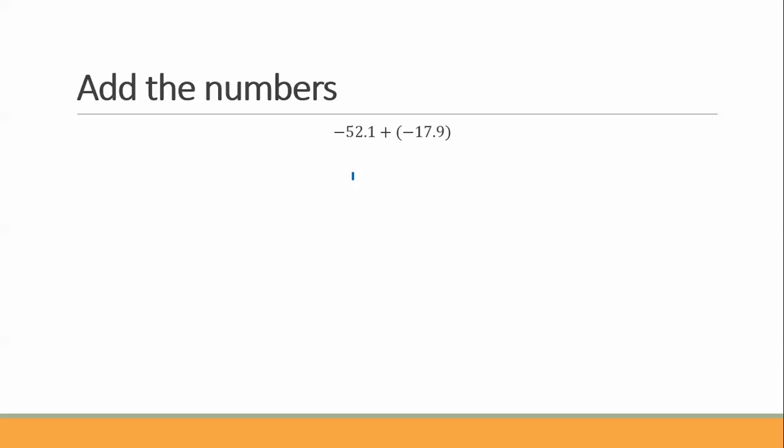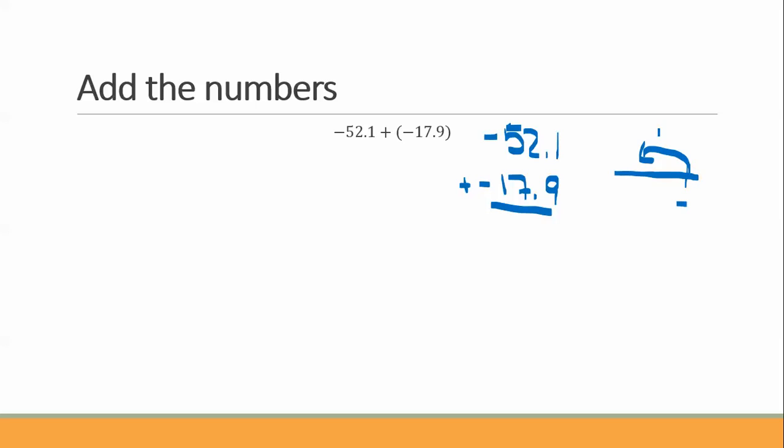Now we're going to be adding negative 52.1 plus a negative 17.9. Now, when we did this on the number line, when we did a negative plus a negative, we started at about negative 2, and we went left 4, and we ended up with negative 6.